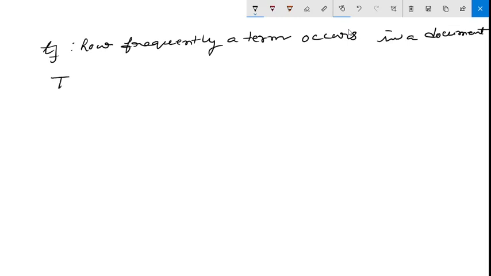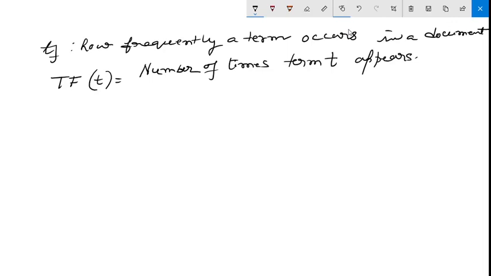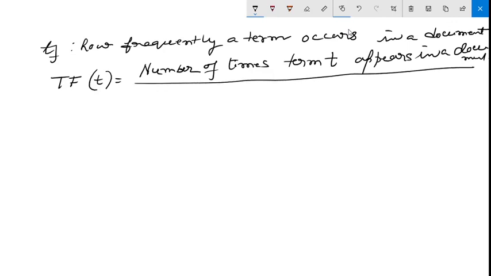So TF of t is the number of times term t appears in a document, divided by the total number of terms in the document.